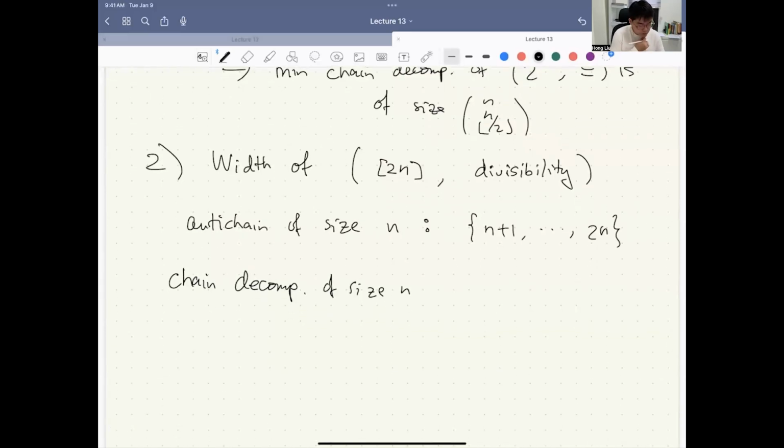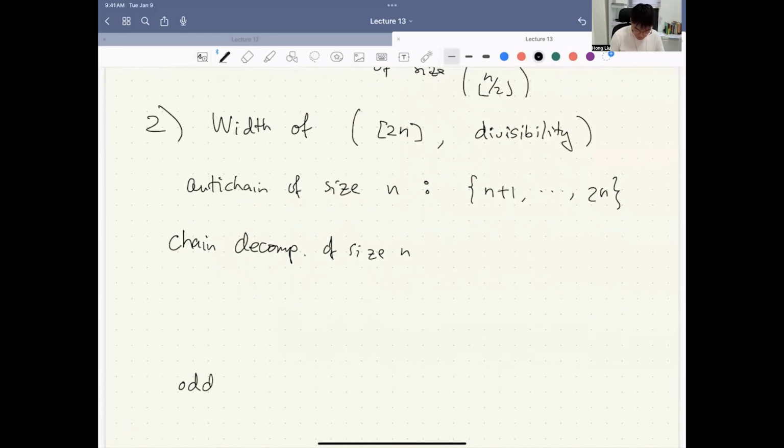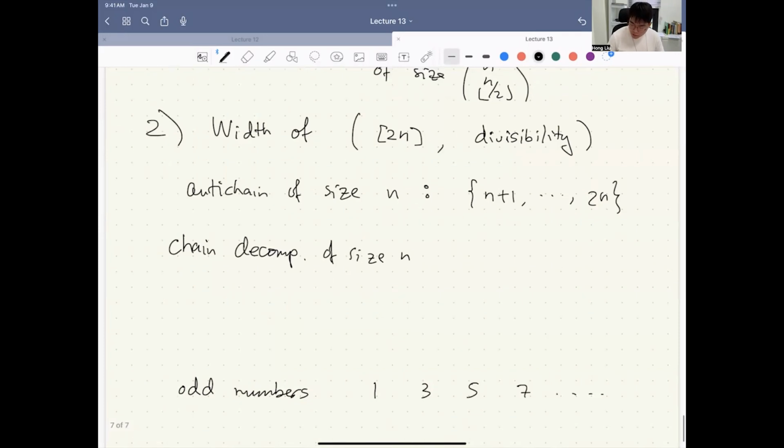How do we decompose it into chains? You just look at all the odd elements. All numbers 1, 3, 5, 7, dot dot dot. So for x odd, each odd element in 2n, you look at the chain containing it, which is x times 2 to the i, where i equals 0, 1, 2, dot dot dot.